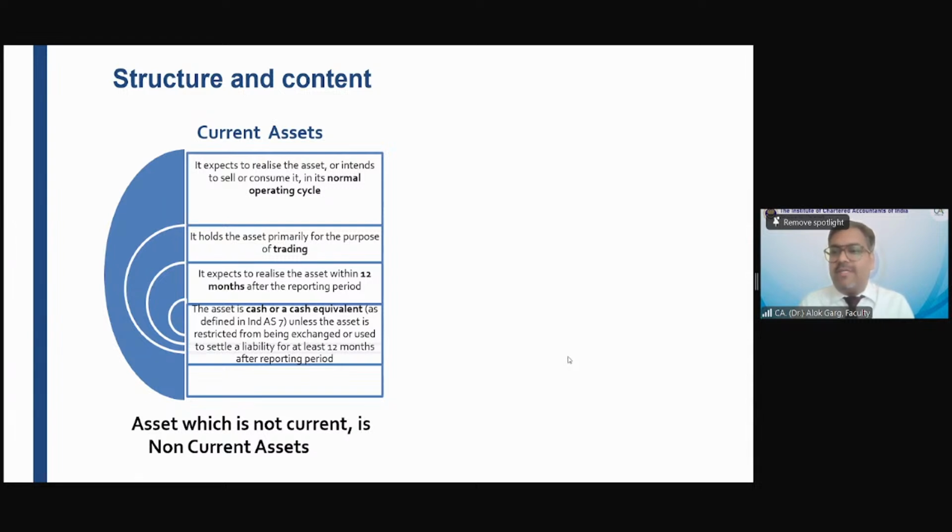What will you write if this kind of question comes in your exam? The company wants to vacate, right? The company wants to cease the Patna office in the next 3 months. Will the electricity deposit paid for the Patna office be classified as current or non-current? Non-current. Okay. Why non-current?